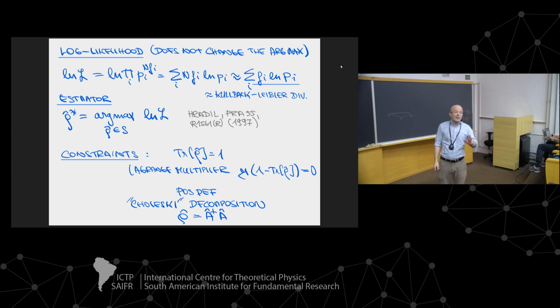And okay, we are still not ready for maximization because we need physical constraints. We need to keep our density matrix physically sound. So the trace of the density matrix is one. Actually, it's also stabilized, sort of. We will see later.